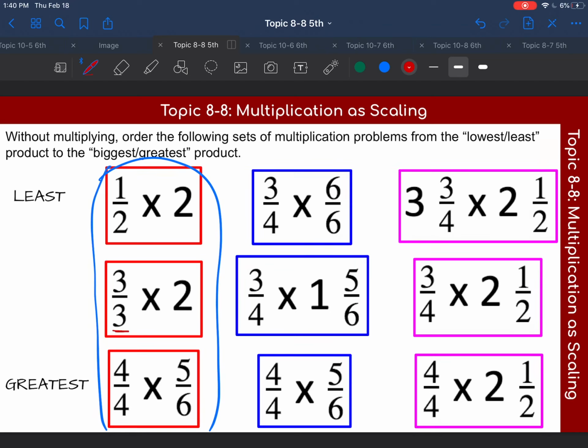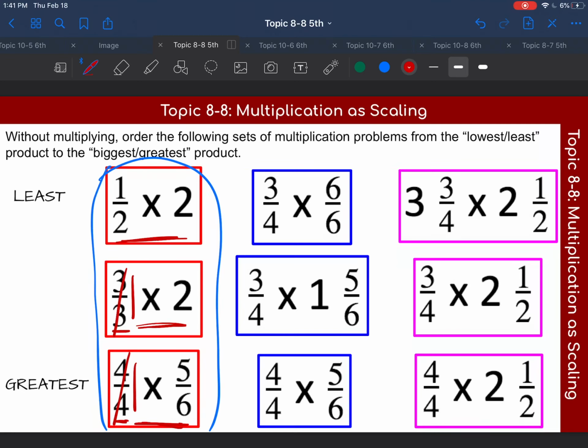For example, what is 3/3 equal to? 3/3 is technically equal to 1. And 4/4 down here is also equal to 1. So we have 2 times 1, 2 times 1/2, and 1 times 5/6.